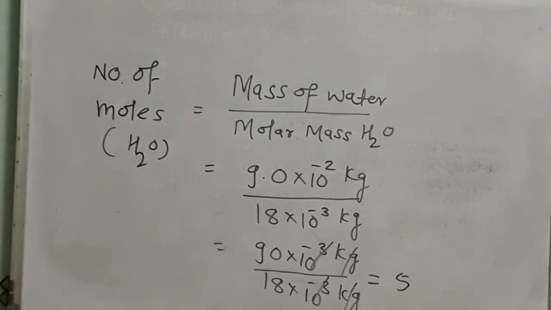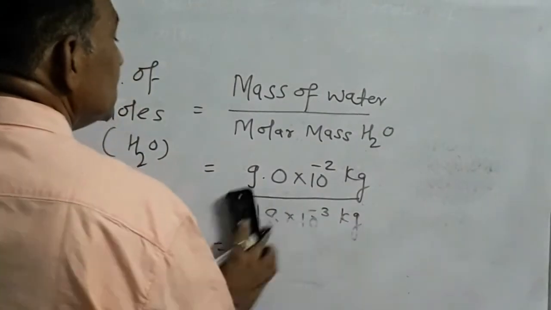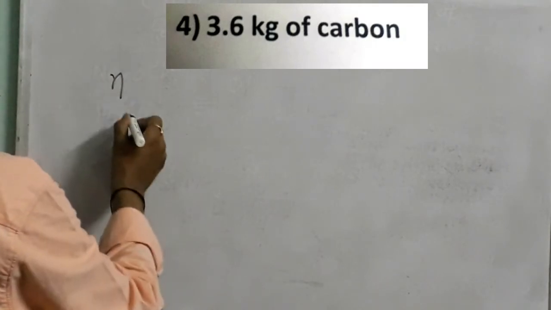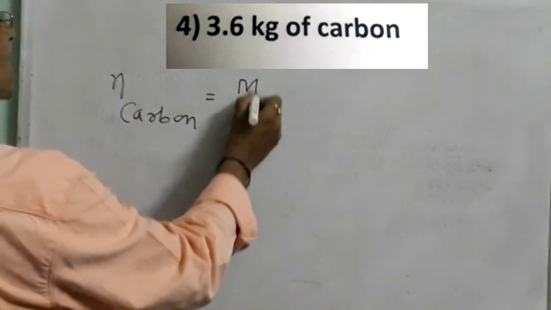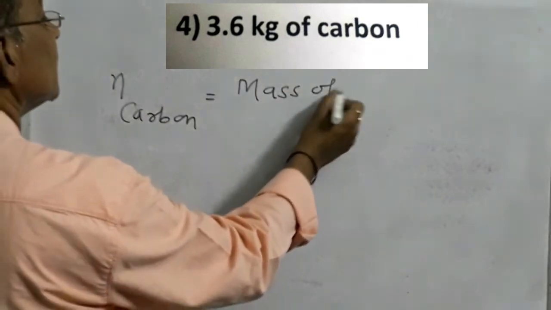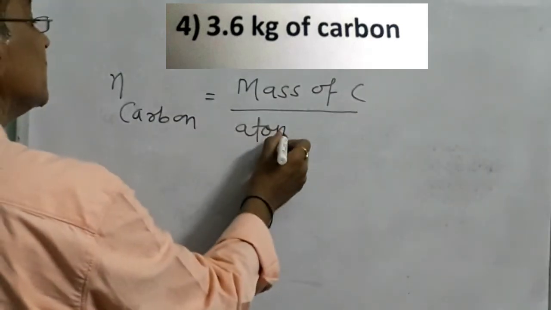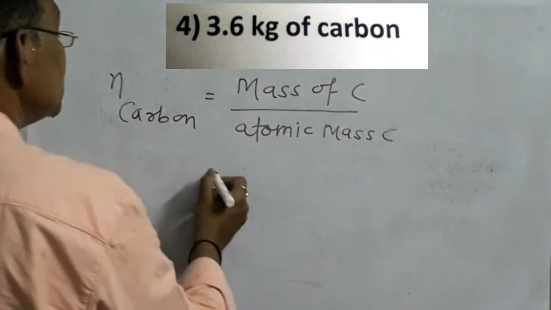Now let us see which question appears on your screen. 2.5 into 10 to the power minus 4 kilogram of hydrogen. See the next one, now of carbon. So number of moles n for carbon is equal to mass of carbon divided by, it is an atom, so we'll write atomic mass of carbon.